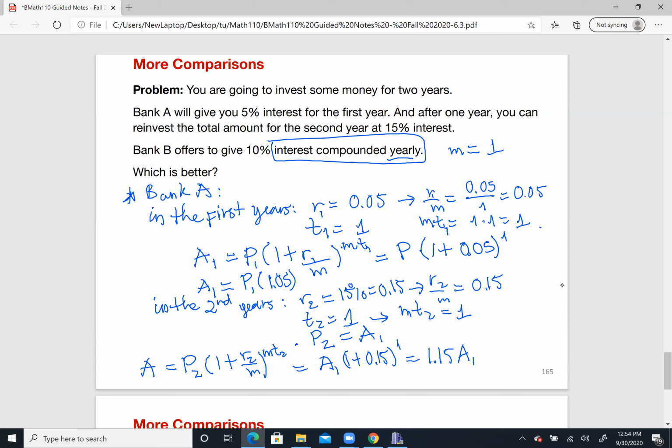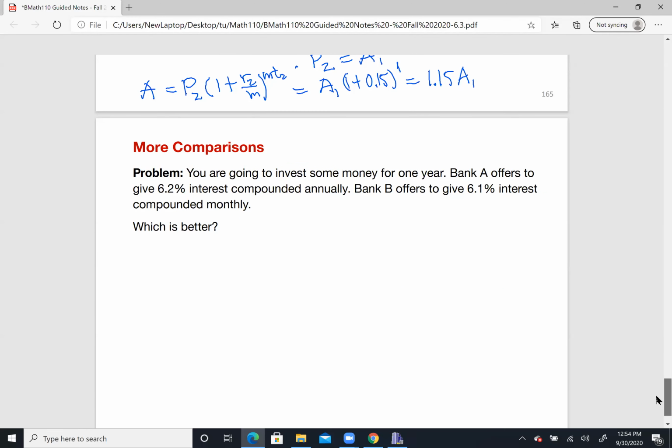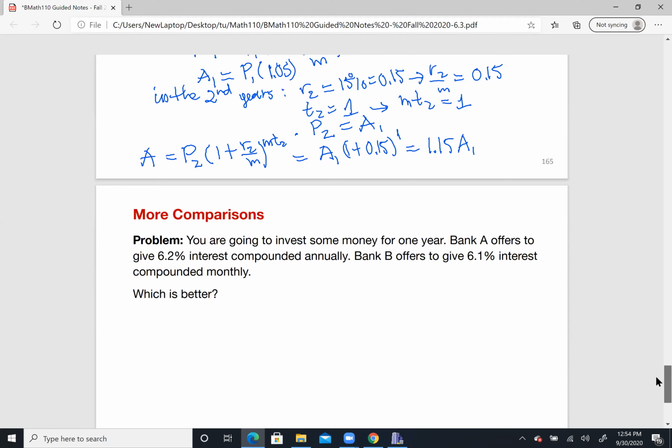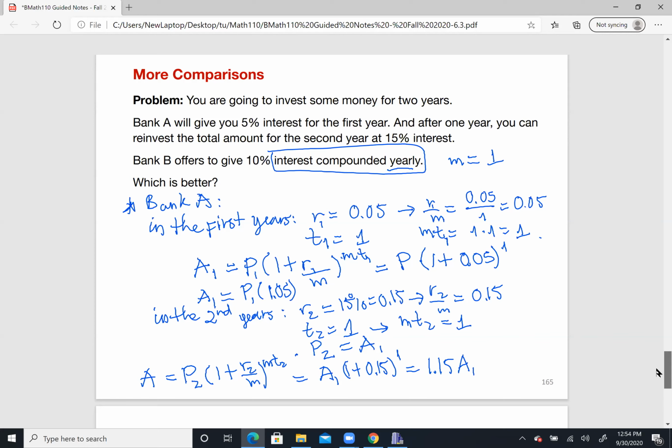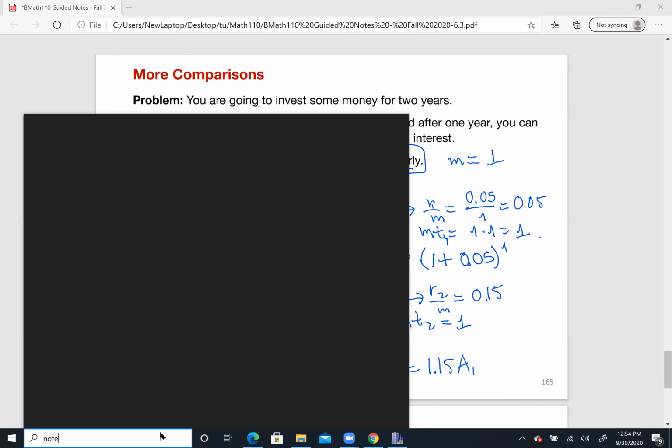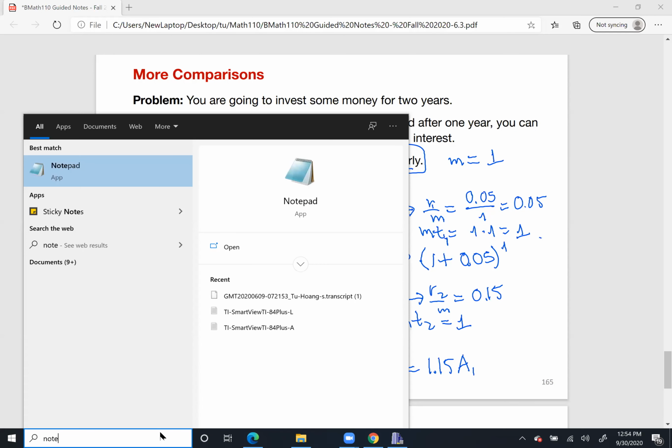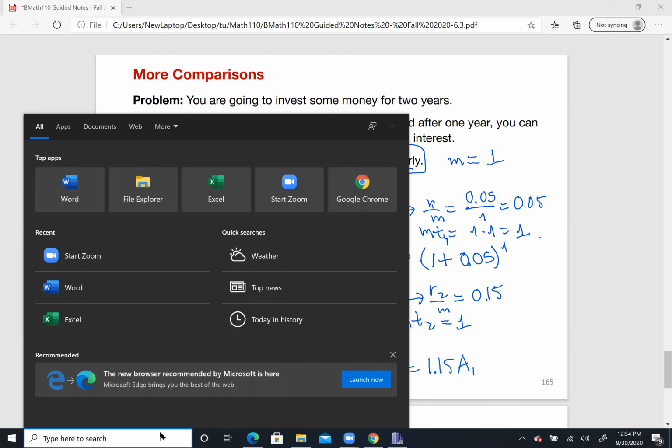Okay, so let me see if you have enough space. Okay, we don't really have enough space. So I will have to do this and use note.